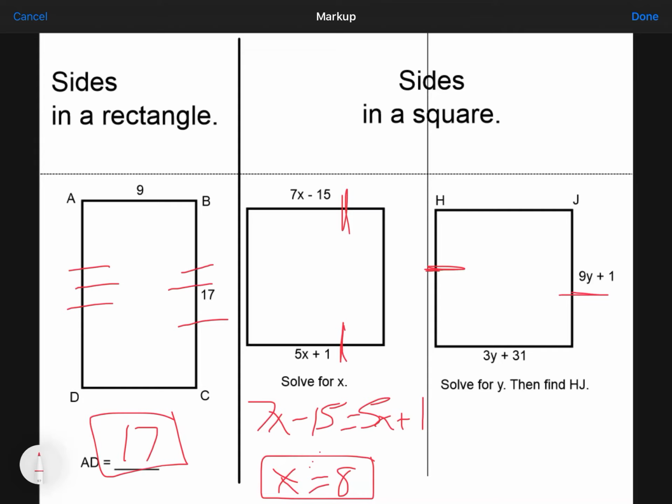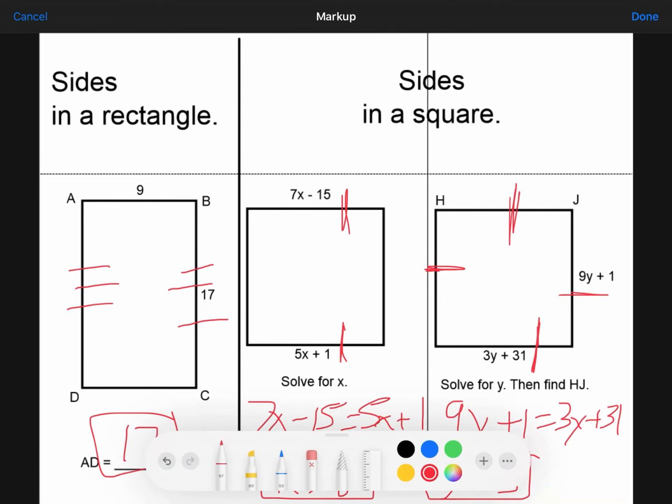I only have the bottom side. Oh, but in a square, all four sides are the same, because a square has all the properties of not just a parallelogram and a rectangle, it also has the properties of a rhombus. So this is the exact same problem, slightly different looking picture. Solve this out. When you solve this one out, this one comes out to be y equals 5.